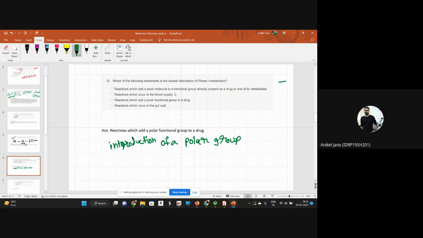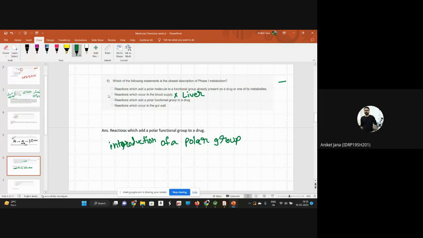So, is this true or false? False. Okay, this is false because most of these phase 1 reactions take place in the liver, not in blood supply.